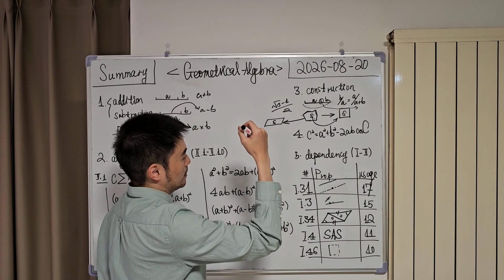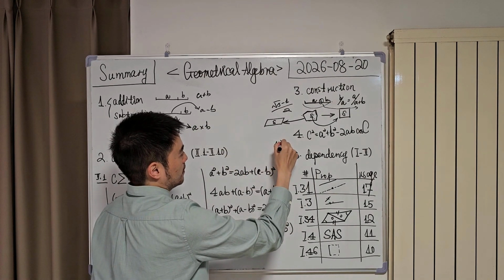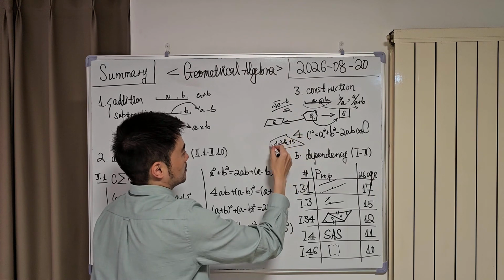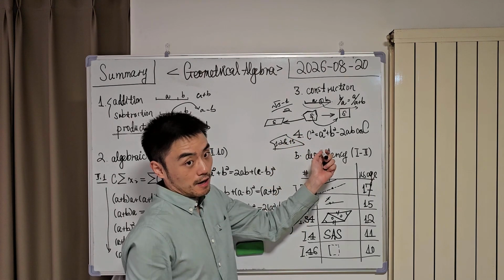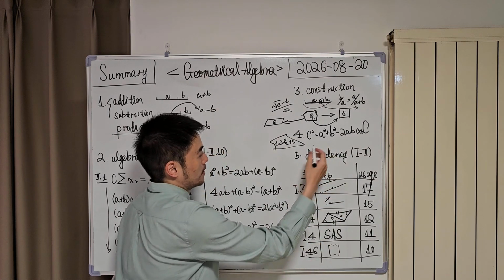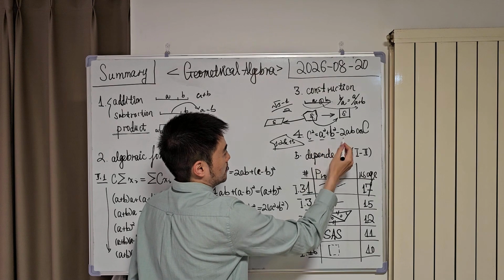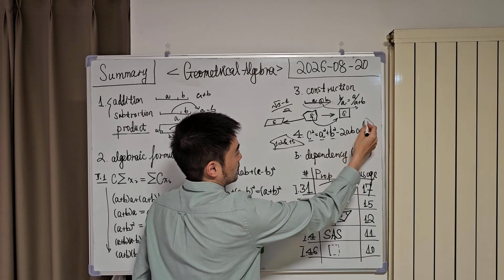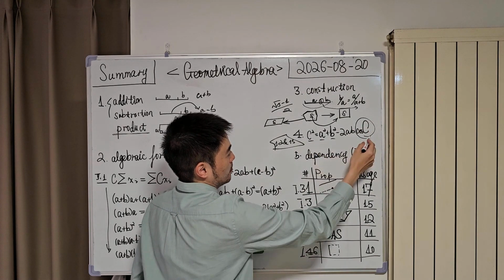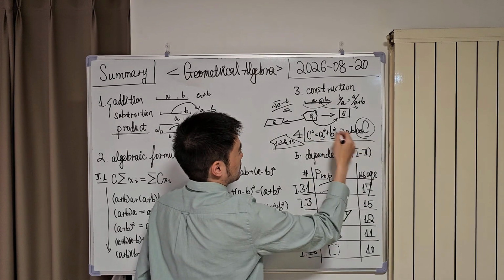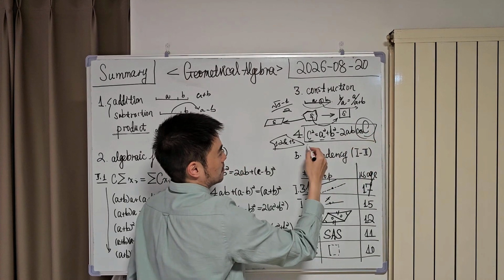Okay, and we have also learned that will be proposition 12 and proposition 13, talking about the famous law of cosines. So in a triangle, any kind of triangle, the 3 sides a, b, c, and the angle contained by a and b, which we mark as angle c, always satisfy this equality.